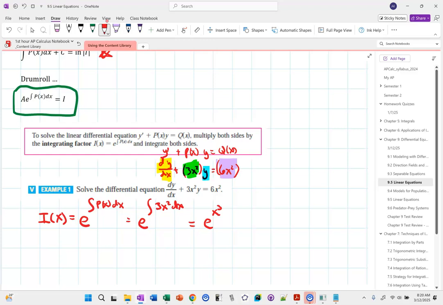I'm then going to take e to the x cubed and multiply it to both sides of my linear differential equation.